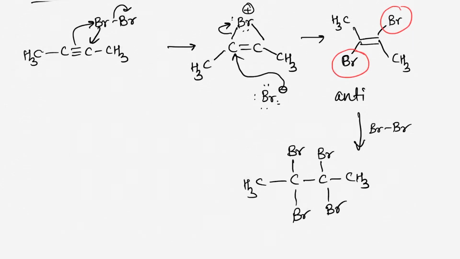If you see, this molecule has 4 bromines in it, and thus it is a tetrahalide that has formed. And in fact, we are going to see the use of these kinds of compounds to reform the alkynes in the next chapter. Okay, so let us go forward.